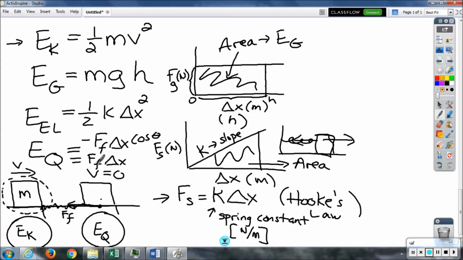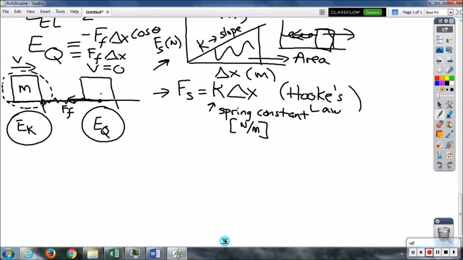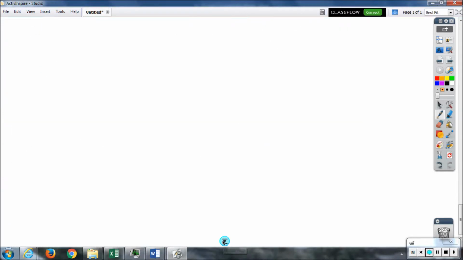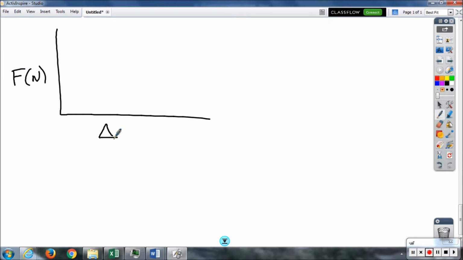Okay, so one other review point, going back to our Hooke's law graphs, you should be able to look at two different graphs, two different lines on maybe the same graph. You should be able to come up with the equation that represents each line and describe what all the values in your equation represent.